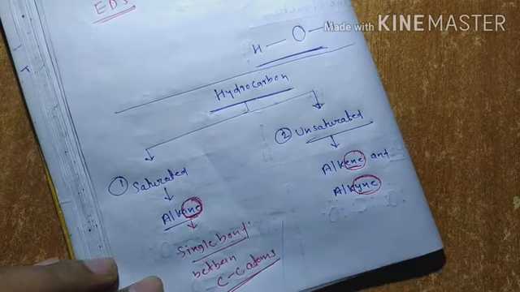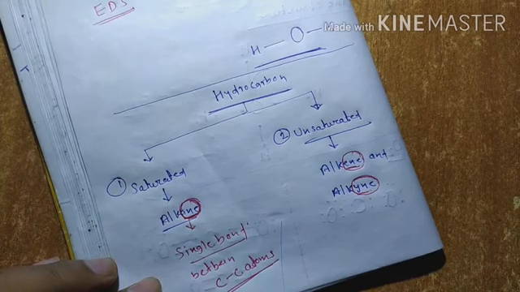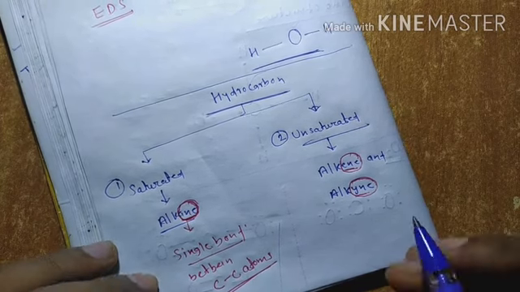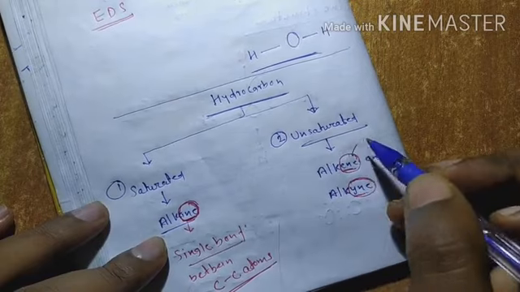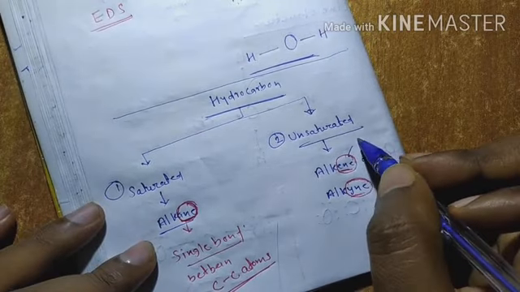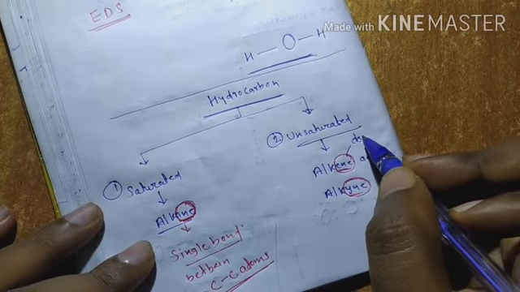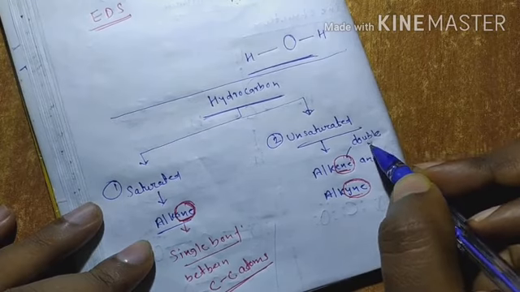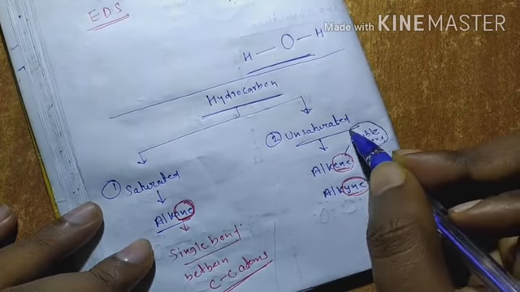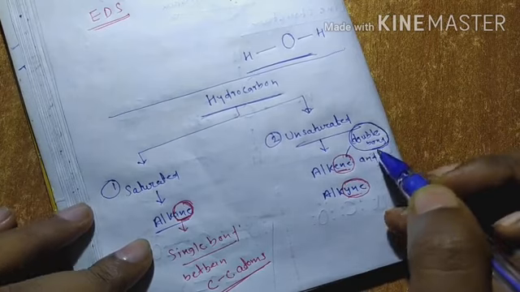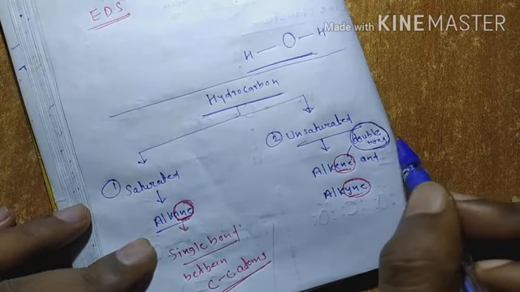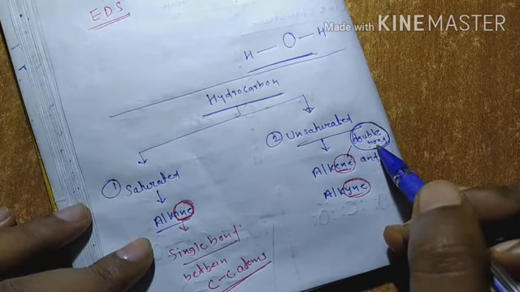This is very, very important. In case of alkene, a double bond. Always remember, at least there will be one double bond between carbon atoms.